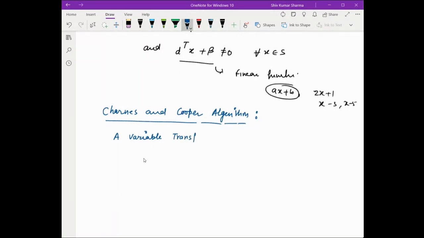In the Charnes-Cooper algorithm, a variable transformation is used to convert the problem into a linear programming problem.